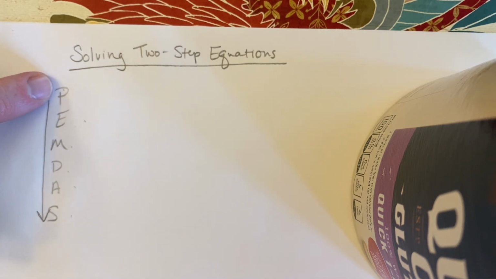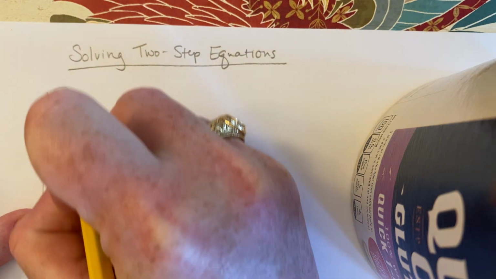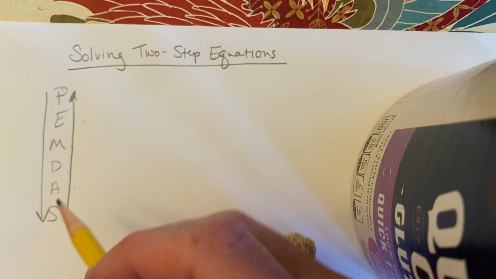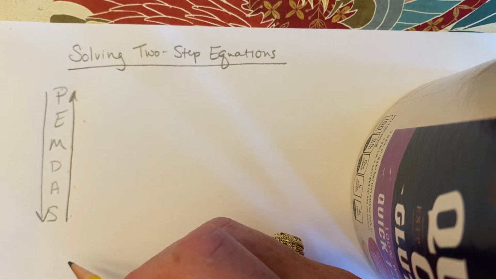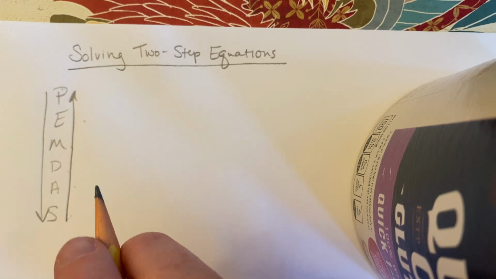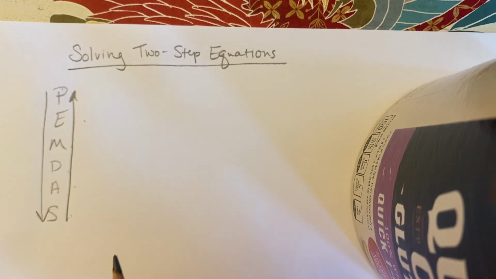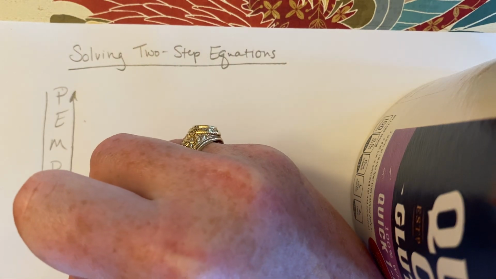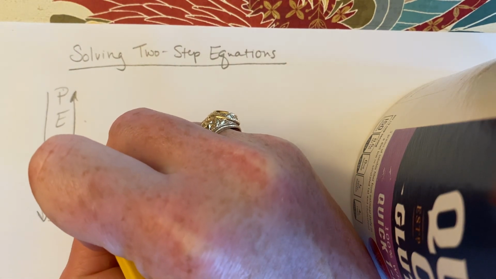Math goes forward, solving goes backward. We're working in reverse. We're undoing, and we talked about this undoing when we were doing one-step problems. We want to undo the math that has already happened, so we do PEMDAS backwards when we're solving.